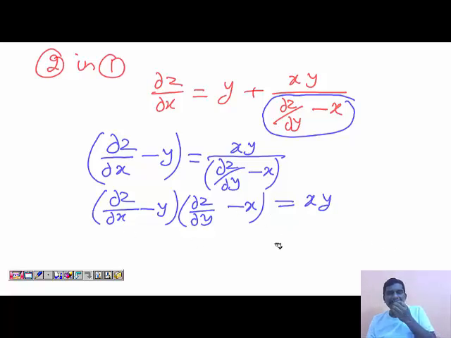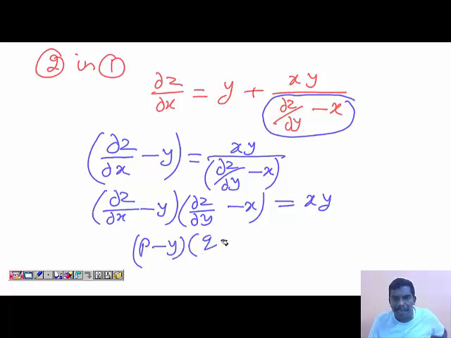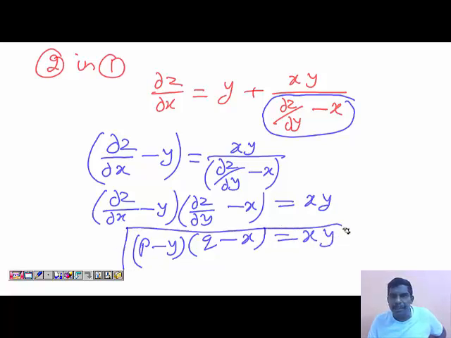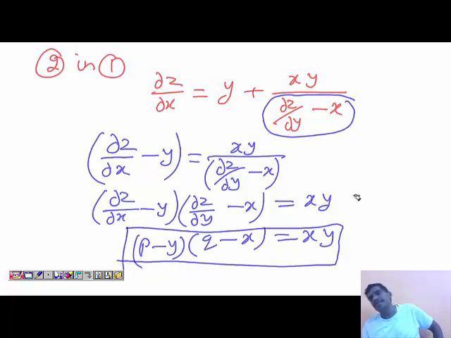The same equation can be written in terms of the symbols: p minus y into q minus x, which is nothing but x into y. Now see that this is a partial differential equation with respect to the given function, after elimination of arbitrary constants.